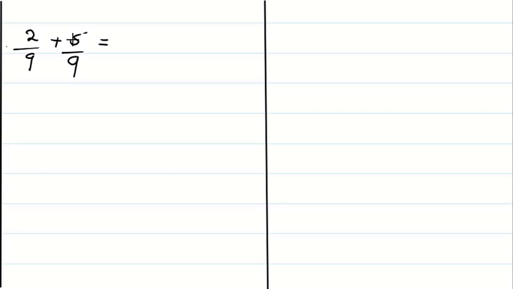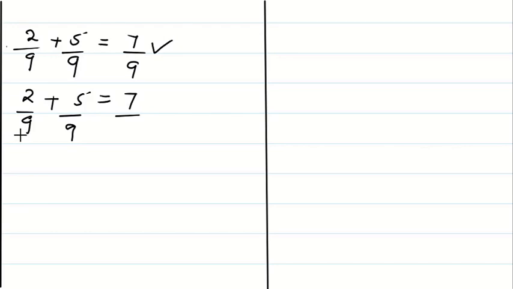So as usual, we add the numerators because the denominators are the same. 2 plus 5, which is 7. Then out of 9, we retain the denominator. So this is right. But if you do it like this, 2 out of 9 plus 5 out of 9, then you get 2 plus 5, which is 7, out of 9 plus 9, which is 18. This is wrong.